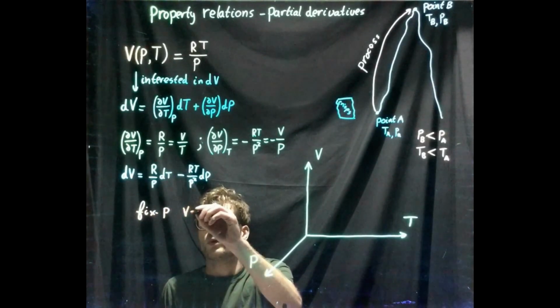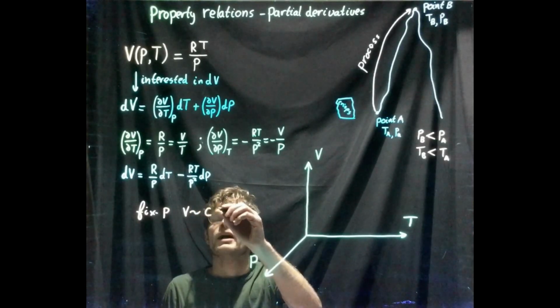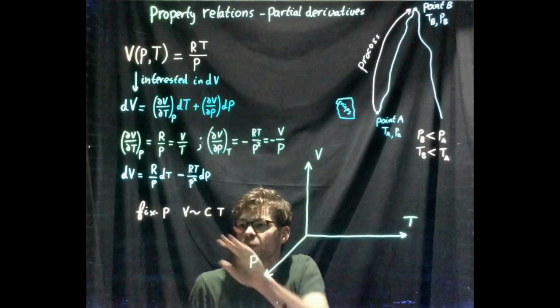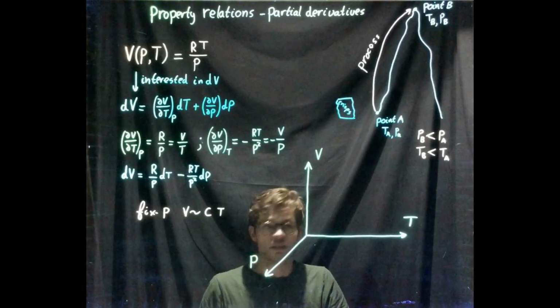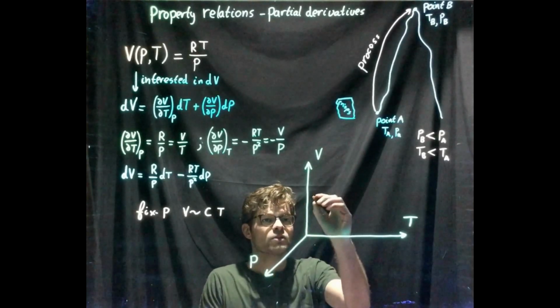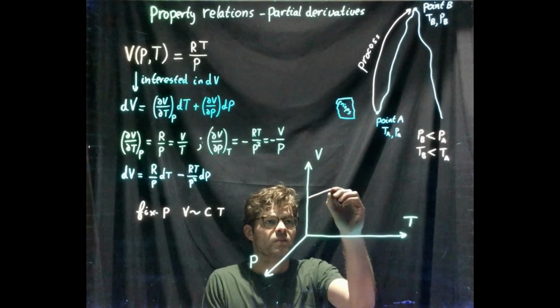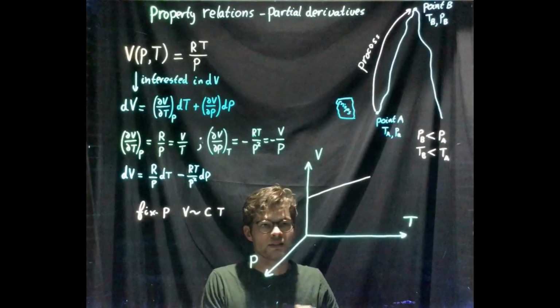Then volume will behave like a constant multiplied by the temperature. So R and P are both constants, so it will be a constant multiplied by the temperature, and in my graph it will look like this.